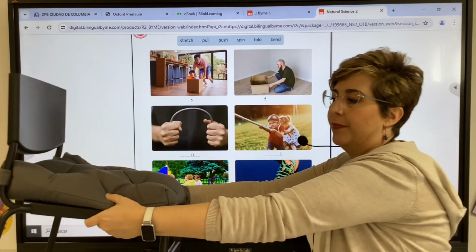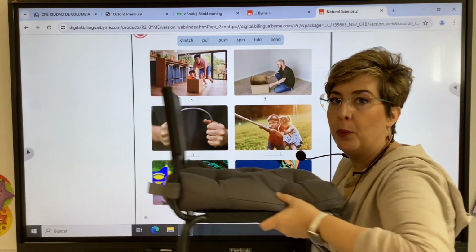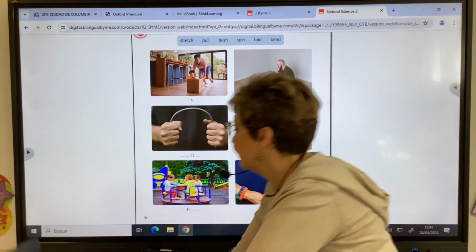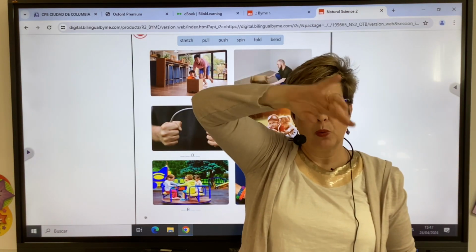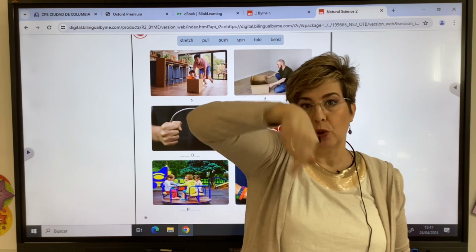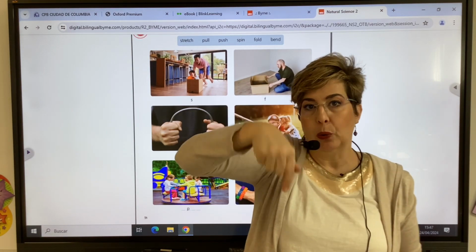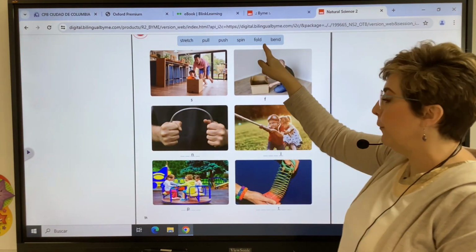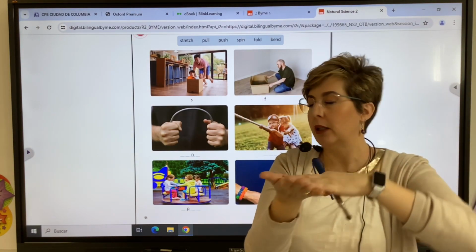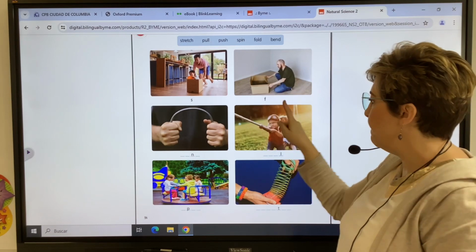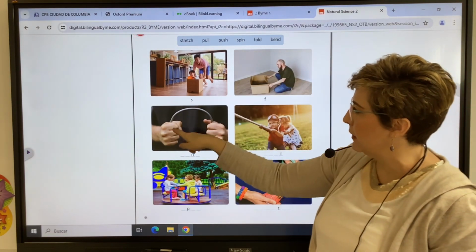Push in that direction. Pull, push. Then we have spin, in circles. We spin things in circles. We fold a piece of paper. We fold. And then bend. Bend.